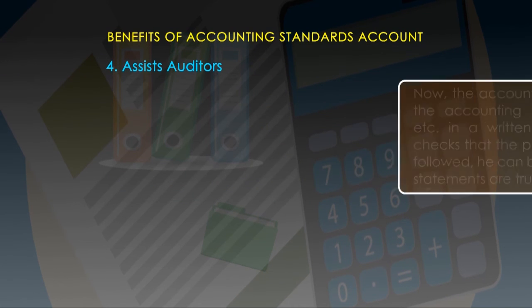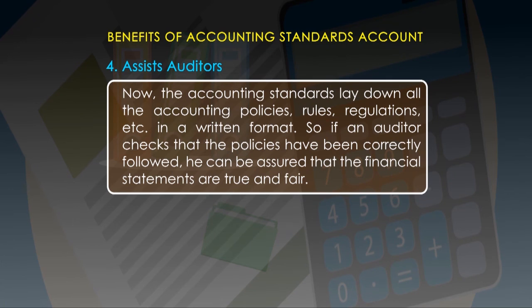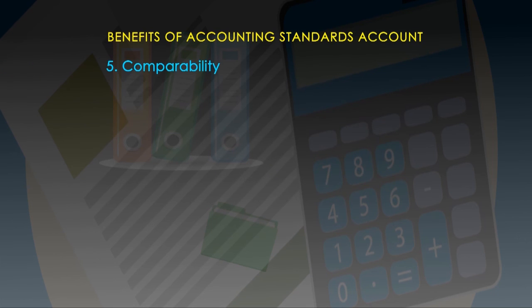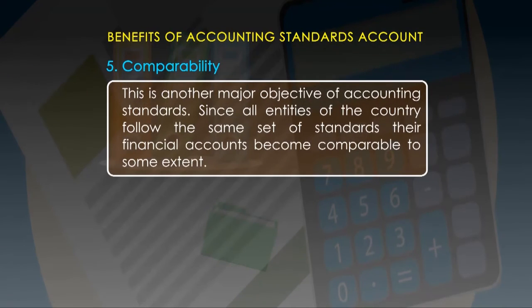Number four, assist auditors. The accounting standards lay down all the accounting policies, rules, regulations, etc. in a written format. So, if an auditor checks that the policies have been correctly followed, he can be assured that the financial statements are true and fair. Number five, comparability. This is another major objective of accounting standards.